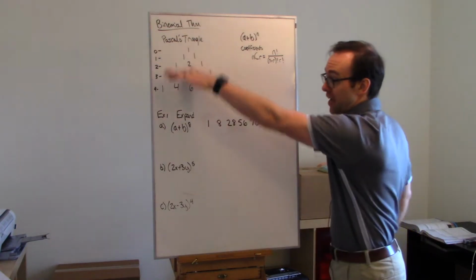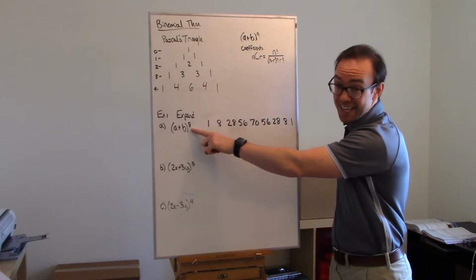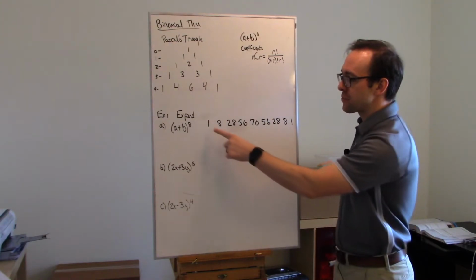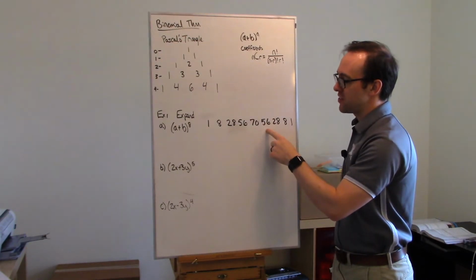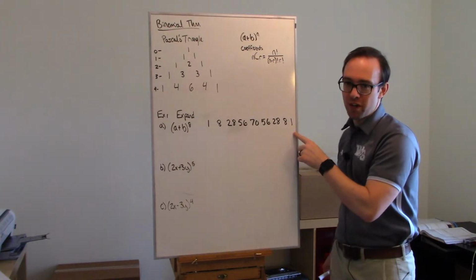So if you continued your Pascal's triangle to the 8th, what you would end up getting is 1, 8, 28, 56, 70, 56, 28, 8, and 1.